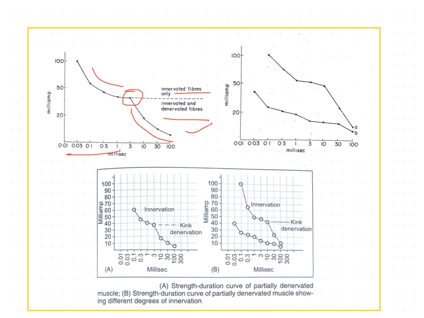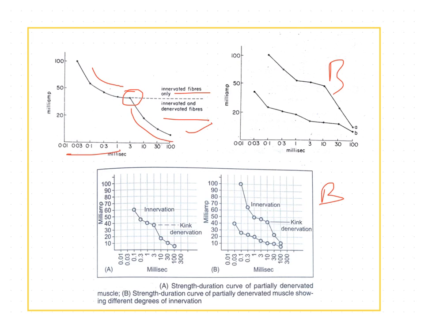It provides slightly later evidence of denervation than electromyography. This is about the type of curve we can see in partial denervation.